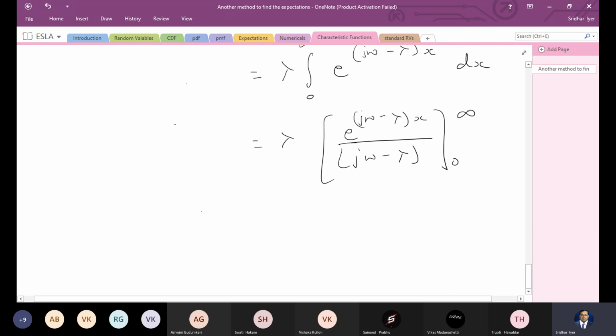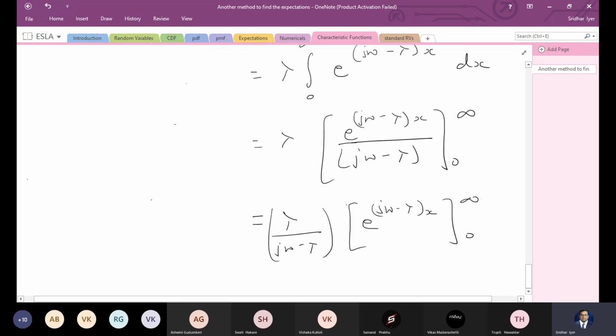Therefore this value will be lambda, and I'll take the j omega minus lambda out because that's a constant. You'll have e raised to j omega minus lambda into x, where x will be infinity first, and then 0 at the second value.